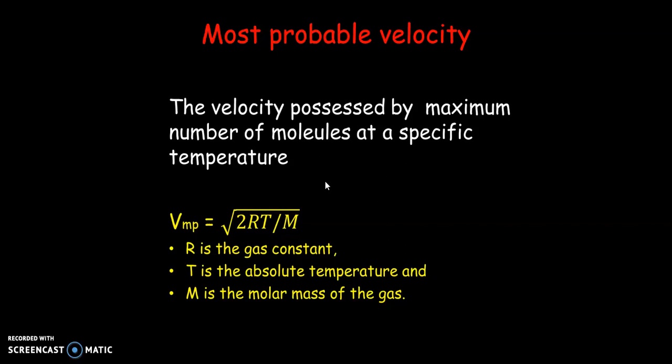We have seen it in the graph, and it is easily calculated by the equation derived from the Maxwell-Boltzmann equation, that is, v_mp, most probable velocity, equals root of 2RT by M, where R is the universal gas constant, T is the absolute temperature, and M is the molar mass of the gas.